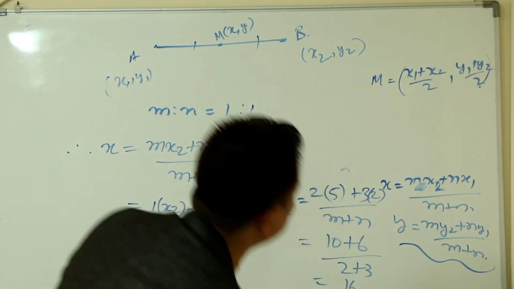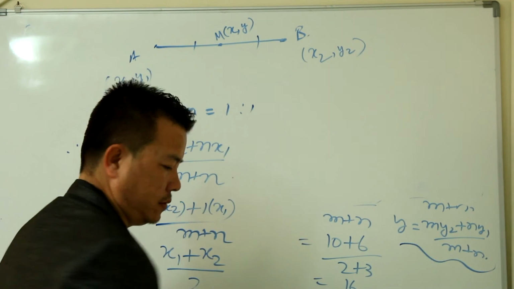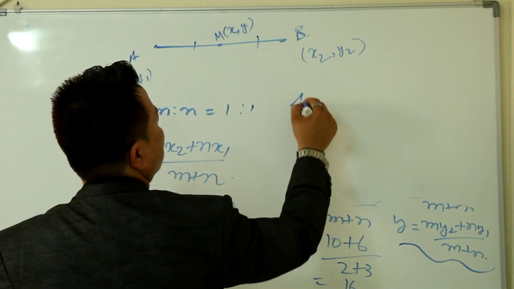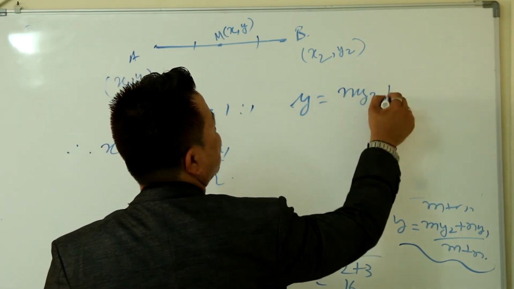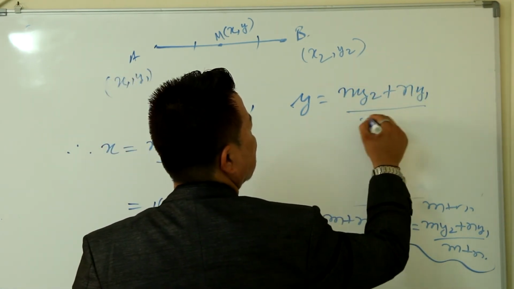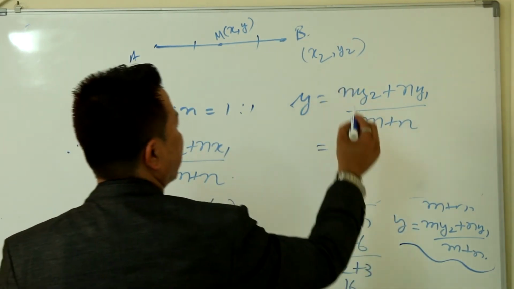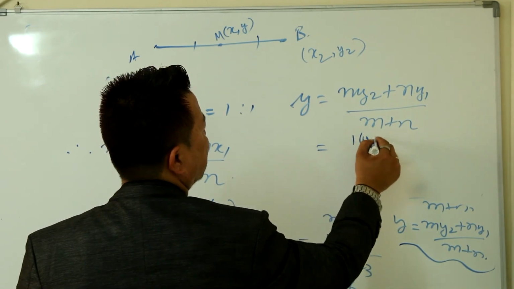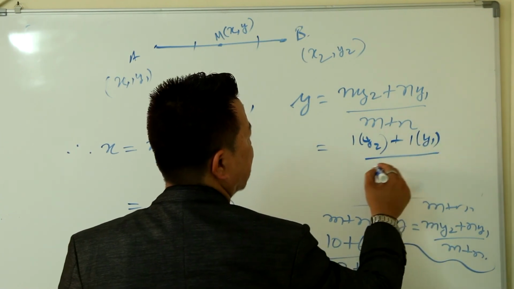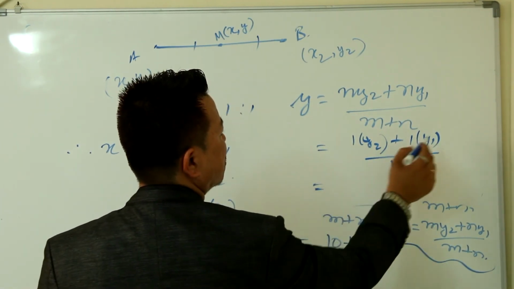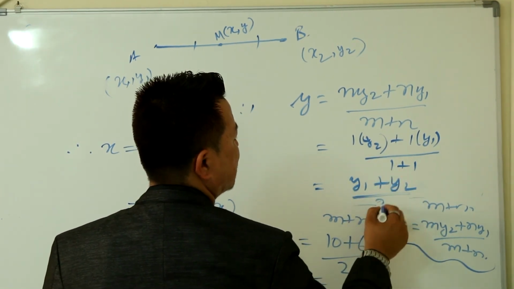Similarly, we can get the value of y also. According to the section formula, y is equal to (m y2 plus n y1) divided by (m plus n). Putting m and n as 1, we get y equal to (y1 plus y2) divided by (1 plus 1), which is 2.